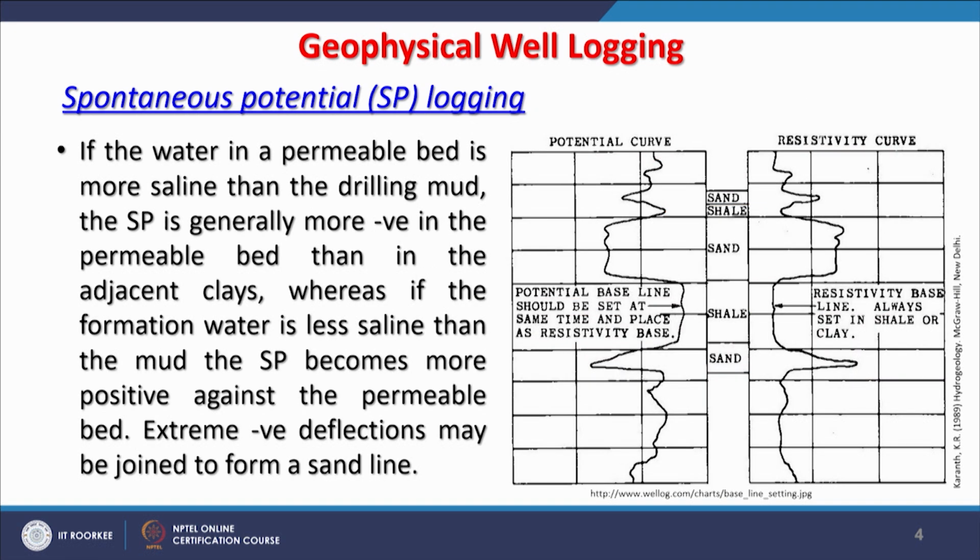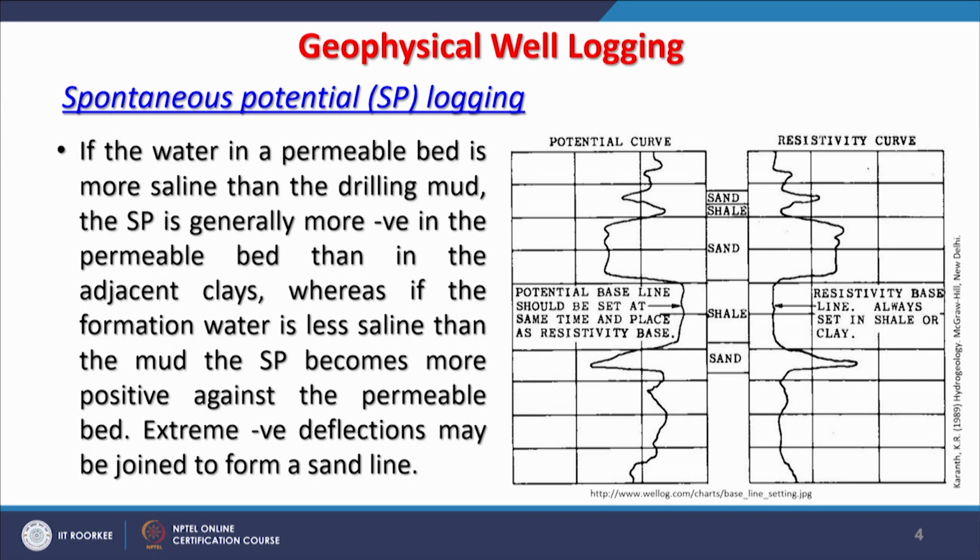Now we are talking about the quality of water. If the water in a permeable bed is more saline than the drilling mud, the SP is generally more negative in the permeable bed and moves towards the left, relative to the adjacent clays.